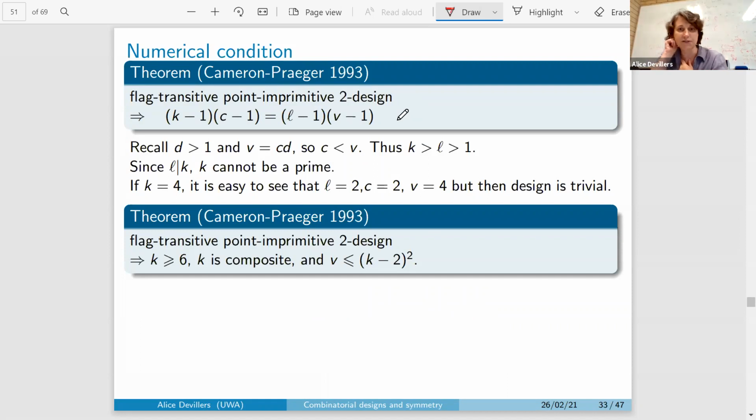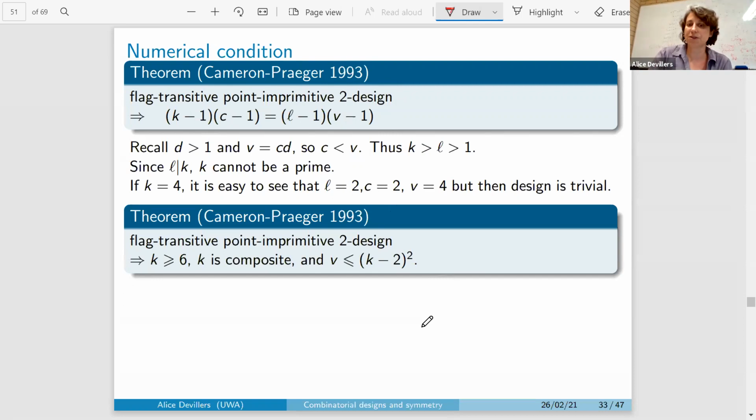Now it's easy to see from that k must be at least 6, and it must be composite. We also have an inequality on v compared to k. That one is not as obvious, and this was first in a paper by Cameron and Praeger in 1993, this identity also.